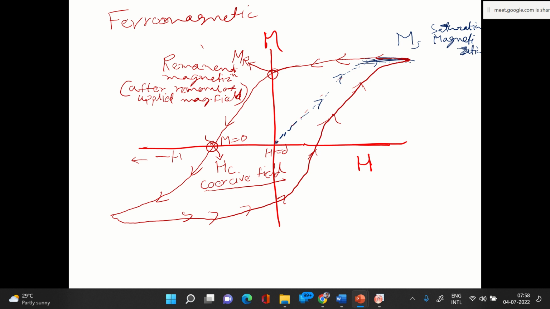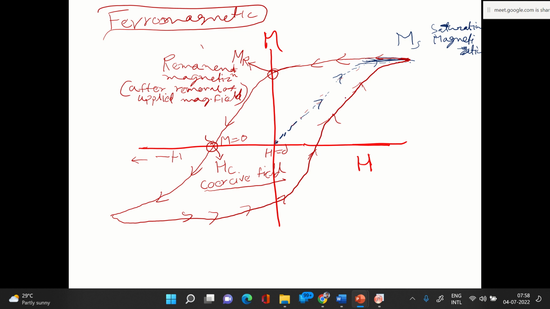ठीक है, ये जो ब्लैक कलर से जो दिखाया था वो वाला पाथ फिर दोबारा फॉलो नहीं होगा. It is only the very first time when you put a substance in the magnetic field, if it is ferromagnetic, then it will go like this and then achieve a saturation value, and on reversing the direction again you have the same kind of profile repeating on the other side.